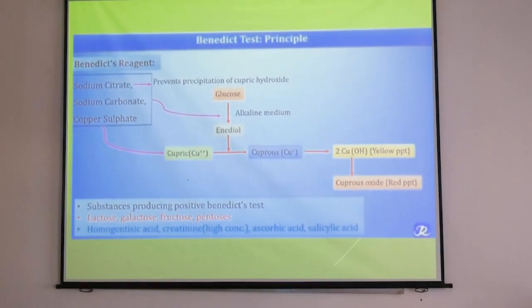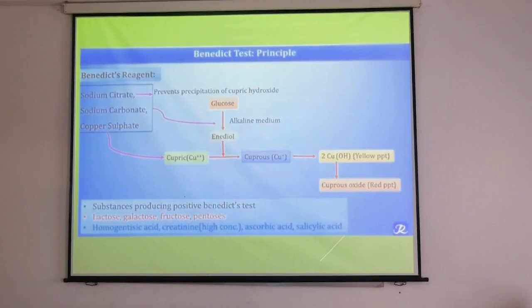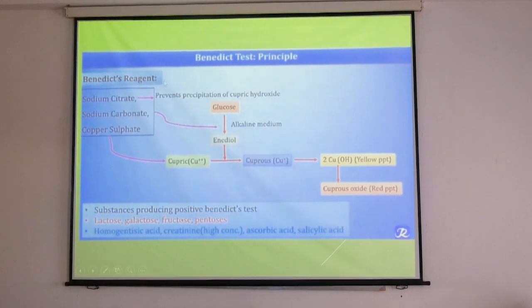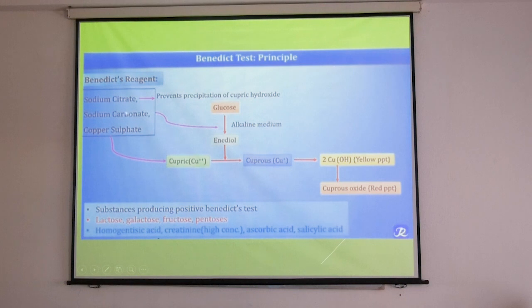You have to remember the ingredients or composition of Benedict's reagent. Here we can see on the left corner sodium citrate, sodium carbonate and copper sulfate. These are present in Benedict's reagent, and they have different functions.